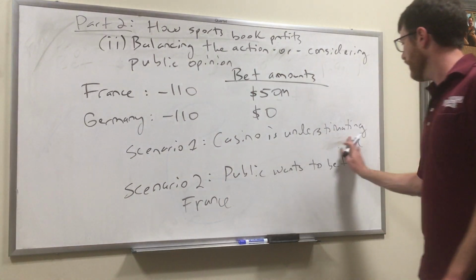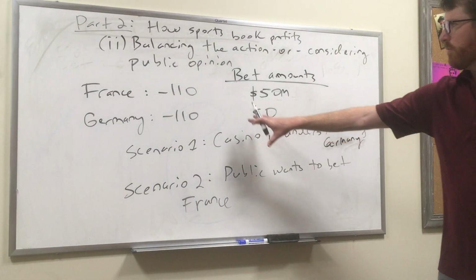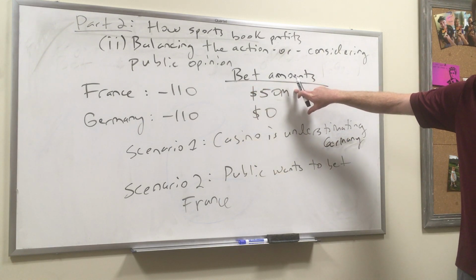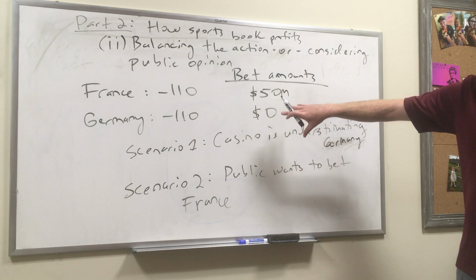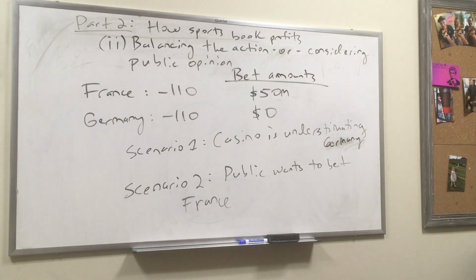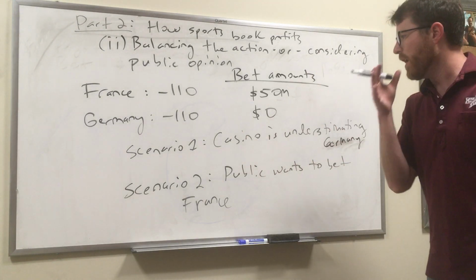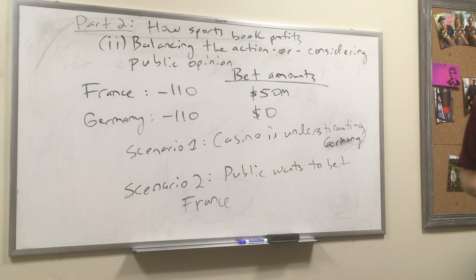Okay, noticing I made a mistake up here. I'm sorry. Should be Germany. So maybe what this is suggesting is if people are betting on France substantially, maybe they're underestimating Germany's potential in winning this game. I said that backwards. But here's the second scenario, and this is what's more likely occurring here, is that for whatever reason, the public wants to bet on France.